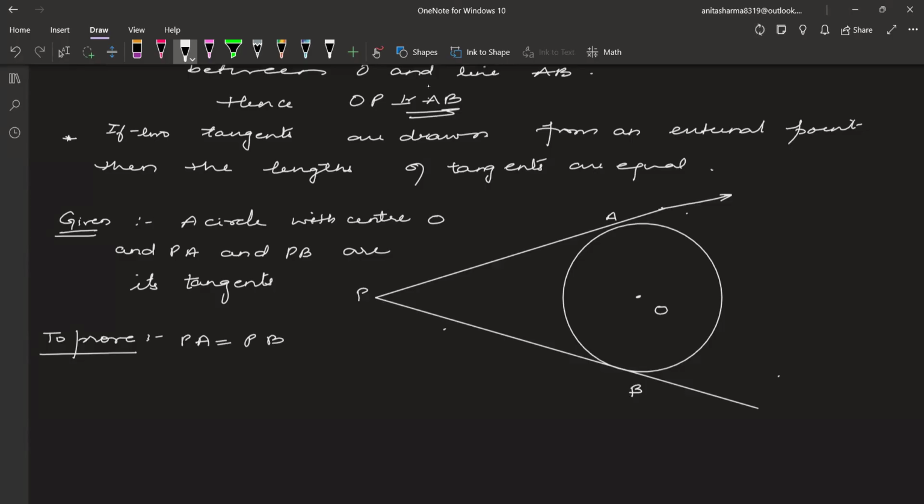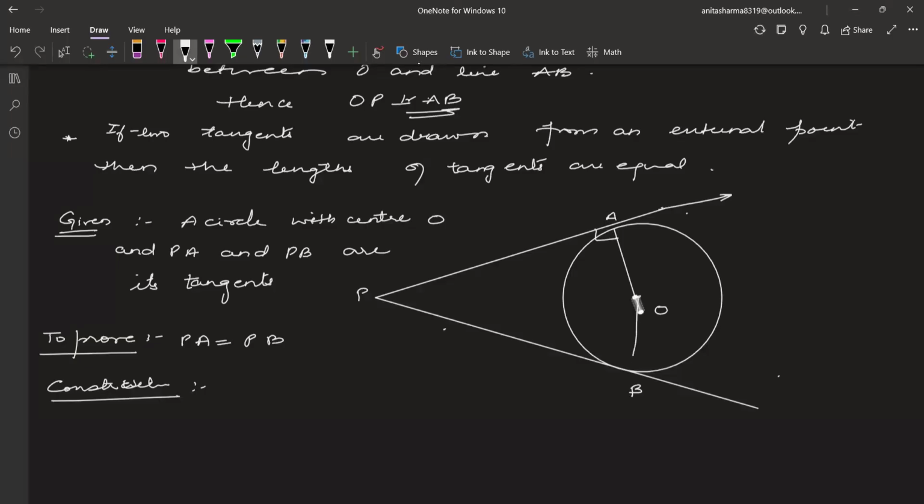So now, construction. You will draw a line from O to the point of contact A. And we know that it is always perpendicular, right, beta?